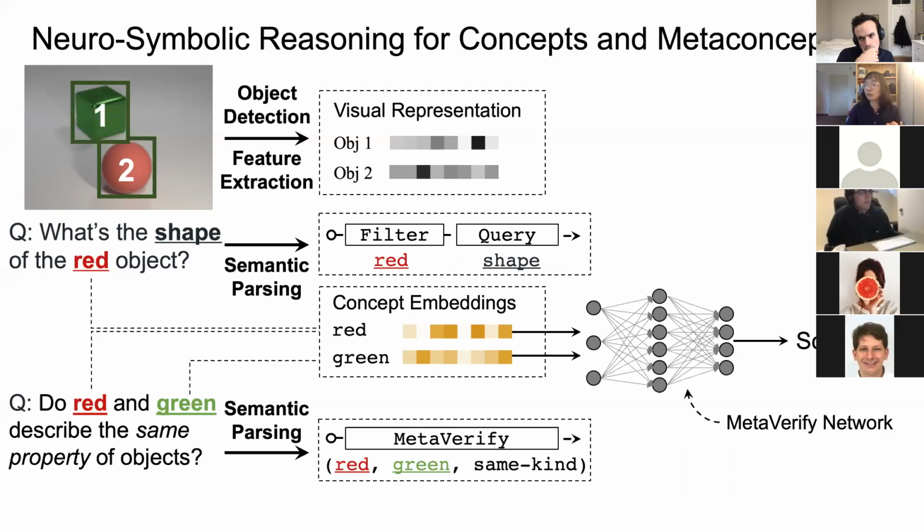The reason we can make concept learning and meta-concept reasoning interact with each other is simply by sharing the embeddings we use for visual concept reasoning as well as for meta-concept reasoning. You can imagine that the concept embedding used to classify whether an object is red or not is exactly the same concept embedding we use to classify whether red and green describe the same property of objects.